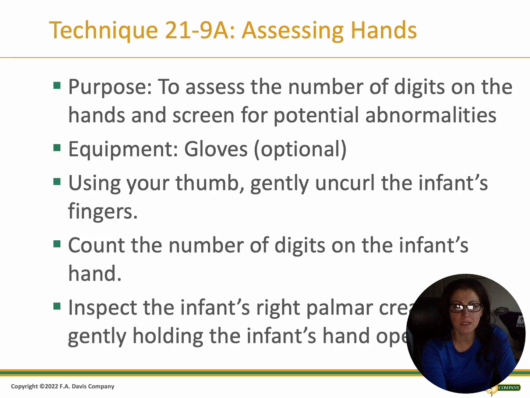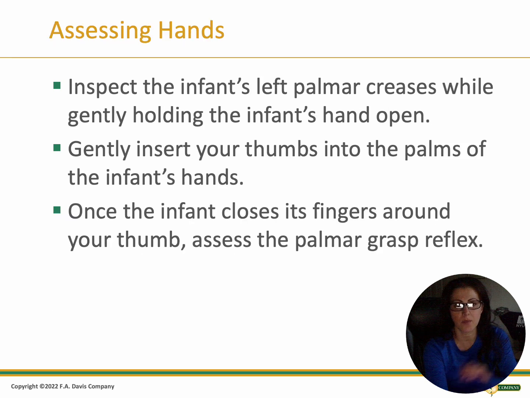We'll look at the hands, inspect the palmar creases, and we will also do the palmar grasp to assess their neurological system. When assessing the palmar grasp, you'll just take their hand, place your finger, and they should grasp. All 4 fingers and thumb should hold on.